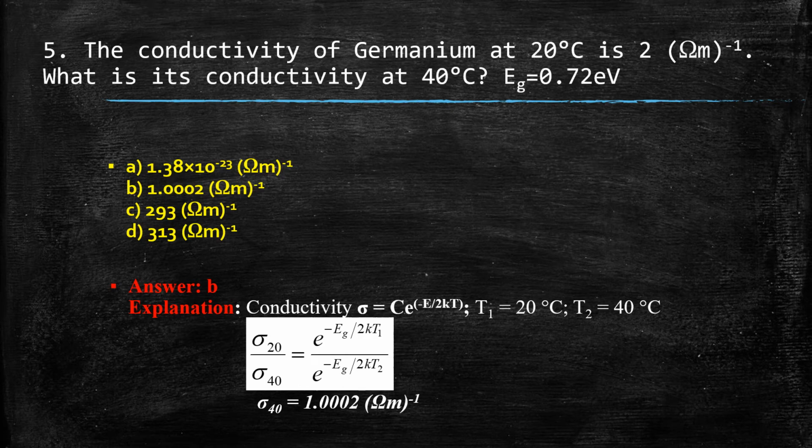We substitute the given data in the given formula, and we find the conductivity at 40 degrees Celsius, which is sigma 2, to be 1.0002 ohm inverse meter inverse.